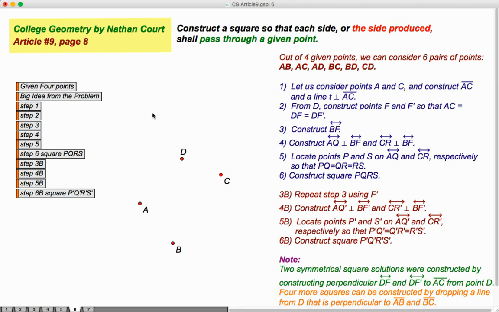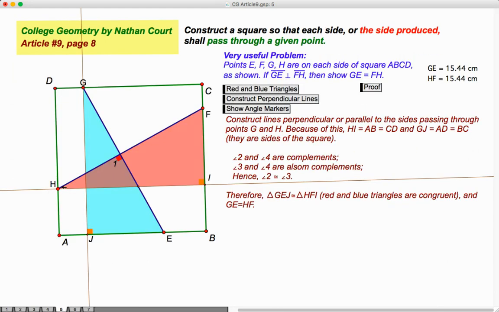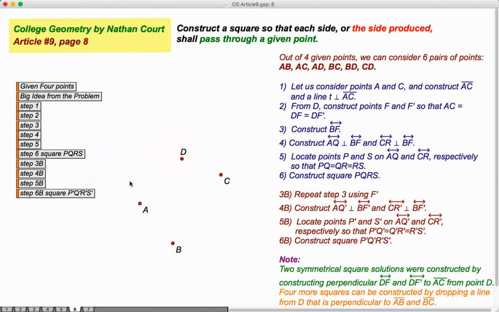Because of the fact that we had this one perpendicular to this, I will consider one point to be perpendicular to 2 segments in here. So out of these 4 points, why don't I construct A and C and construct a line perpendicular to that one passing through point D? That's just one of those, and then I can change the stuff.